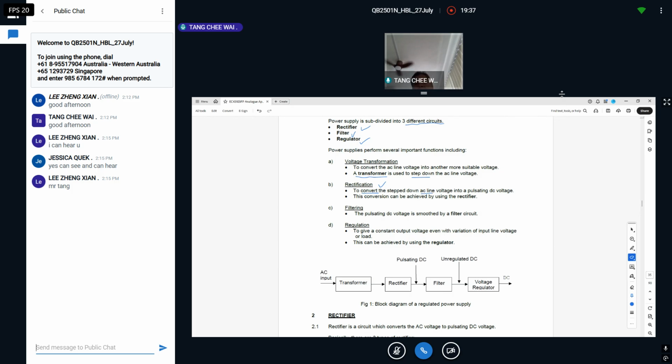That is an important thing you need to do, and the component doing it is called a rectifier. We will come to that later and look at how the rectifier works. For now it's just a general introduction to the three different circuits and what they do. So rectification is done by the rectifier, to change from AC to DC.